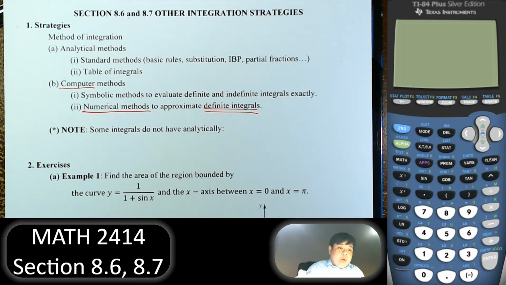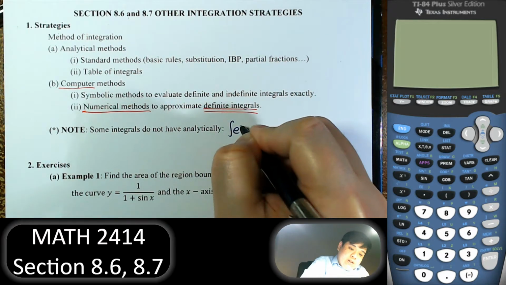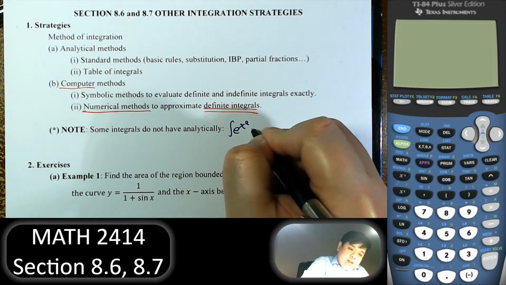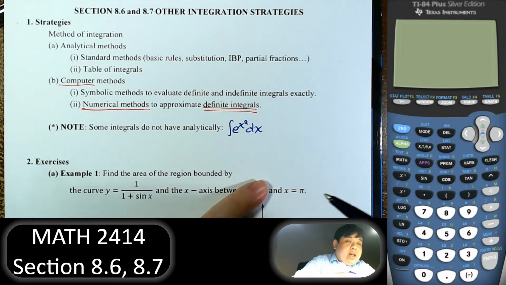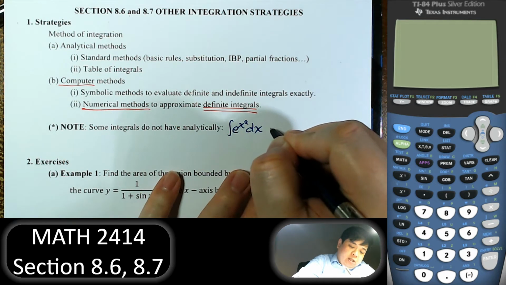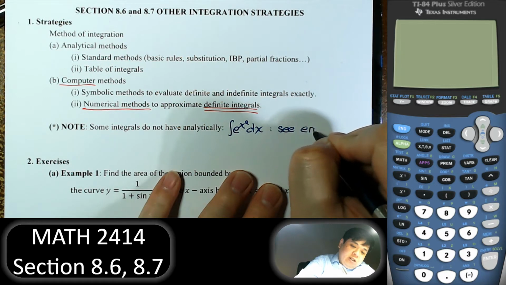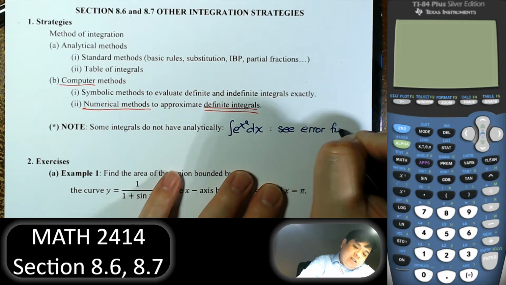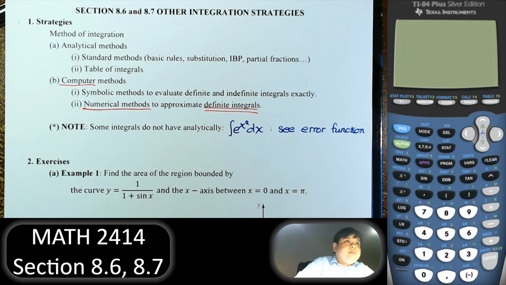Alright, and also we need to recognize that there are certain functions that we just cannot do. For example, nobody can integrate this, and later on you should see the error function. Right, so that's the first kind.